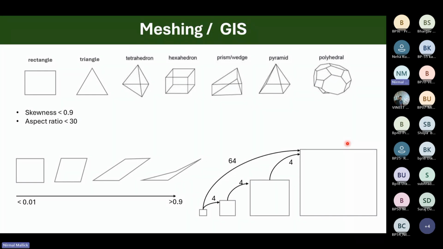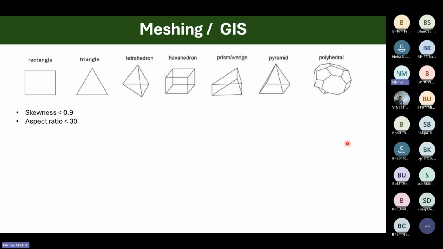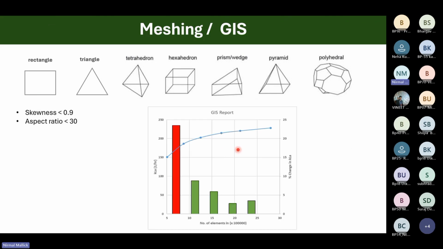So when you go for a grid independence study, this is how you do it. I have done this for a 10-liter bioreactor, and as I increase the number of elements, like 10 lakh to 15 lakhs, 20 lakhs, 25 lakhs, you see my KLA value starts to linearize and gets saturated.